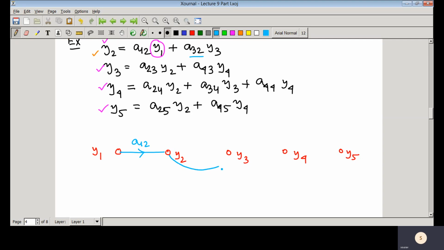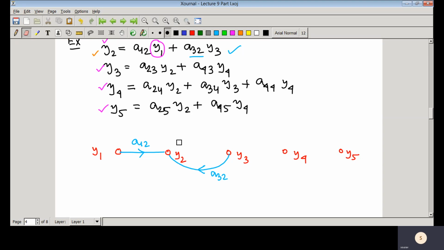So another term is here, signal is flowing along that direction, that is A32. So Y2 equals A12 into Y1 plus A32 into Y3. That means the first algebraic equation is represented in the signal flow graph.